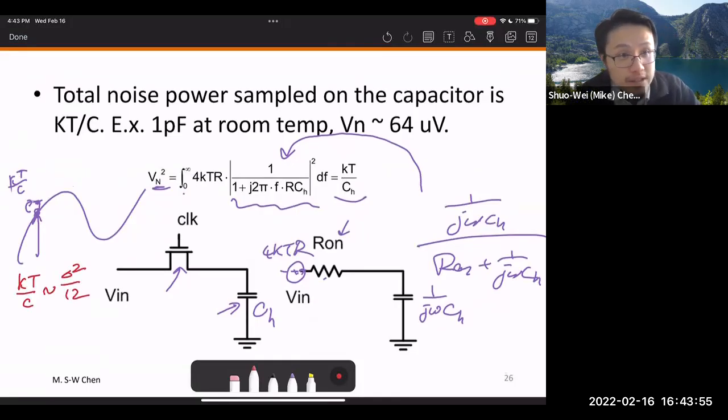I just say, let me make it roughly the same as the quantization noise. By the way, delta is the LSB, so LSB squared over 12.